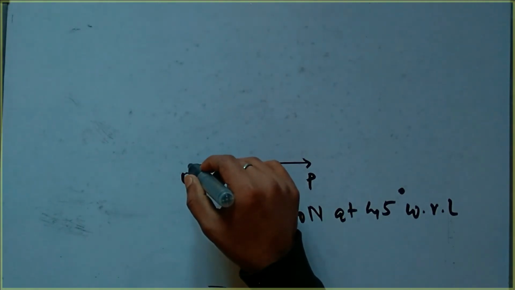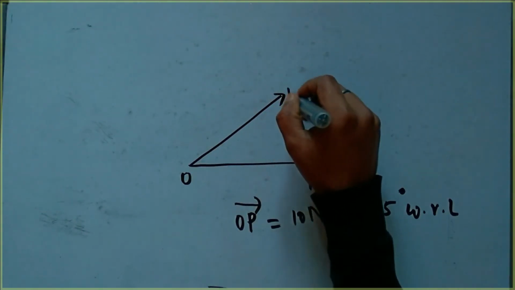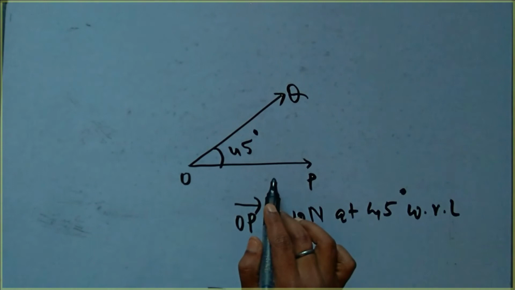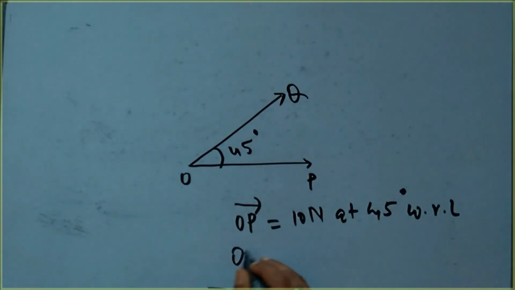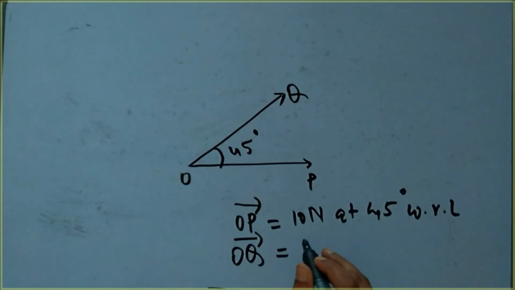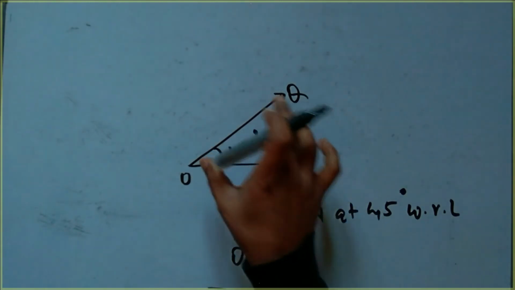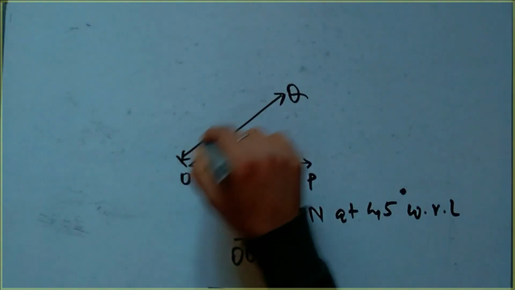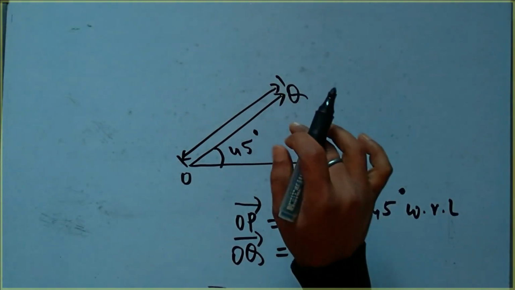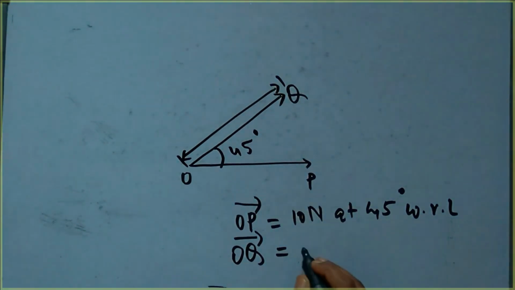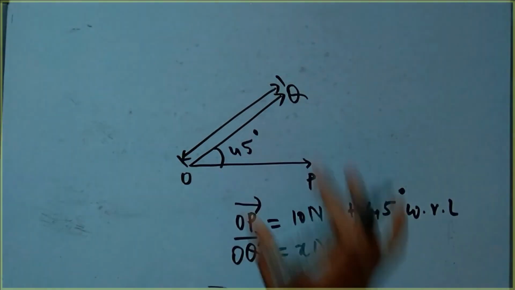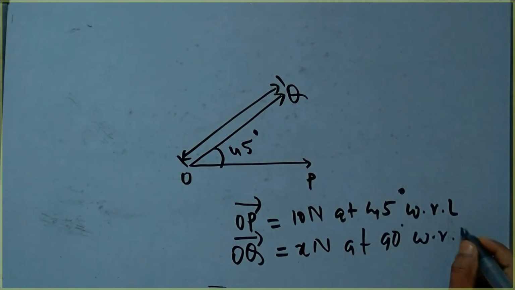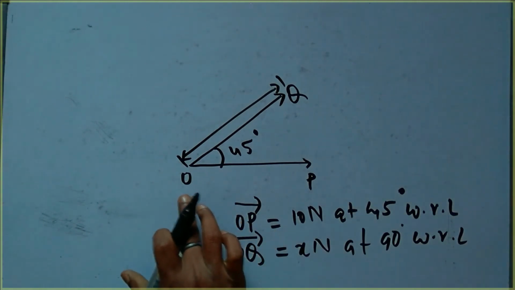Now if we draw a vector OQ at 45 degree from this vector, the magnitude is proportional to the length. If we measure this length, we can get the magnitude of the vector. So let's consider this being x Newton. We don't know. We can measure and put the value here at 90 degree with reference to the same line by which OP vector was plotted.